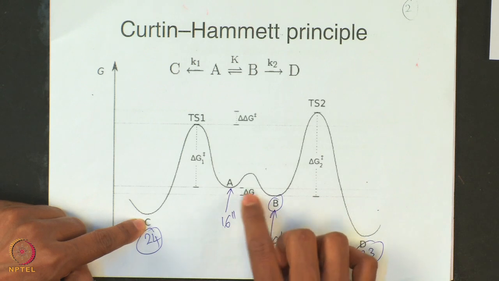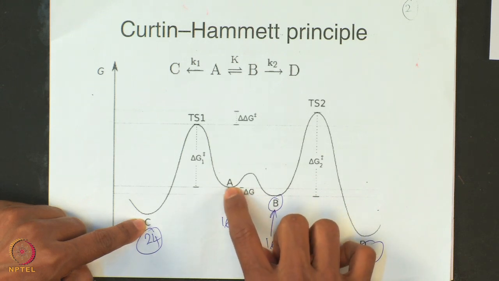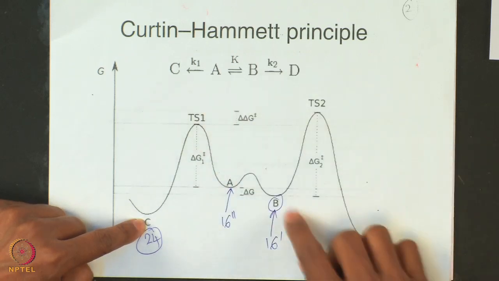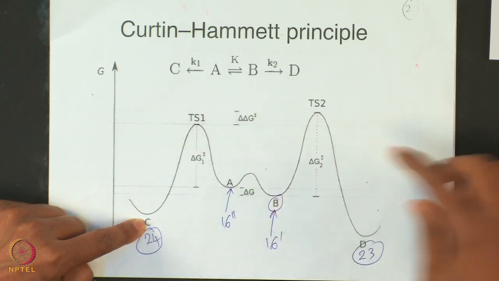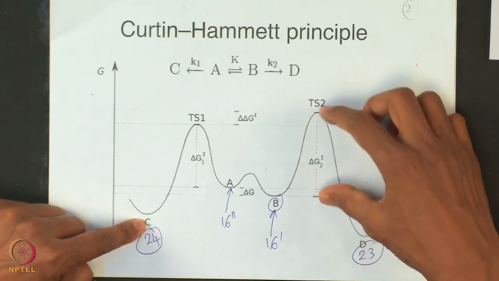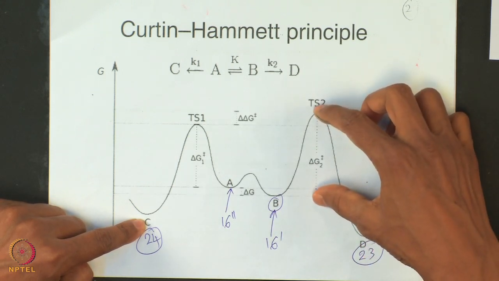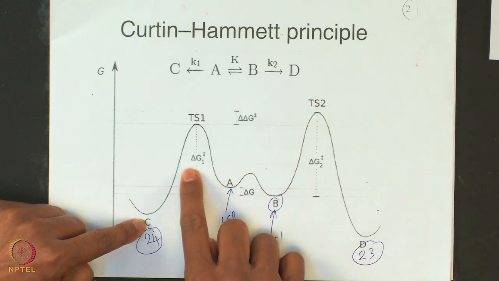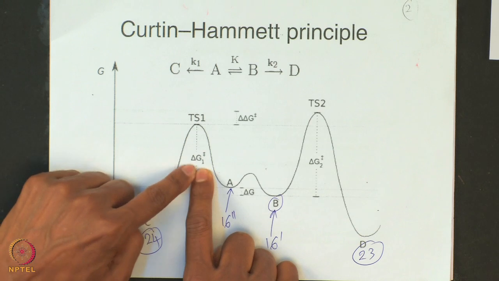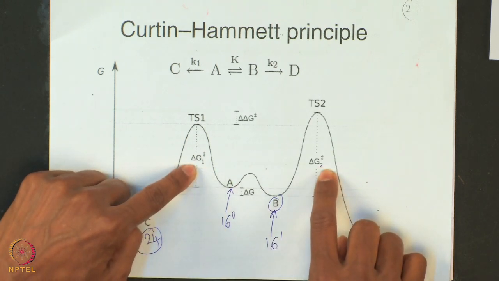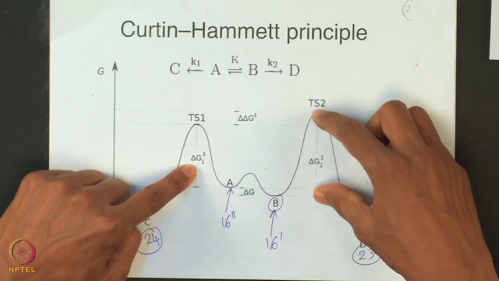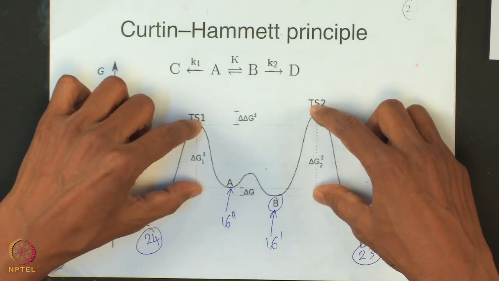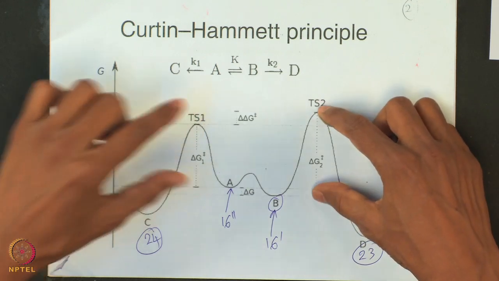If you look at the relative energy from intermediate A, this TS1 is the shorter one, whereas from intermediate B, the product that is D forming, that intermediate and that product formation energy barrier is quite high. So, delta G1 over here is smaller, delta G2 over here is larger. So, this is smaller, this is larger. This is a small part and this is a large part.